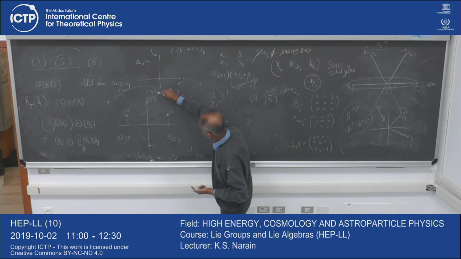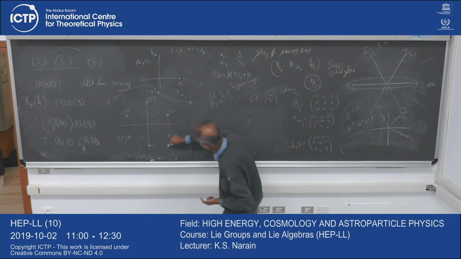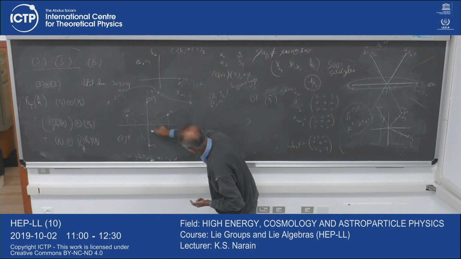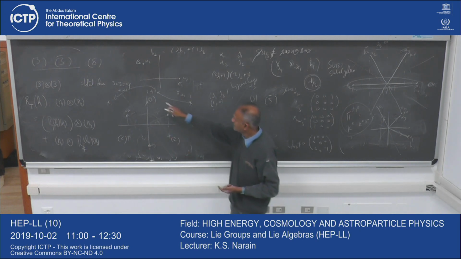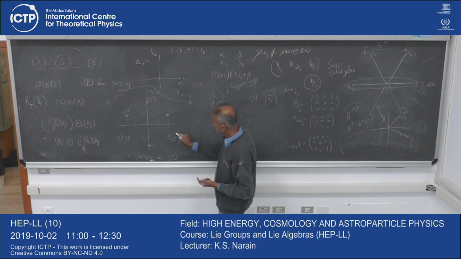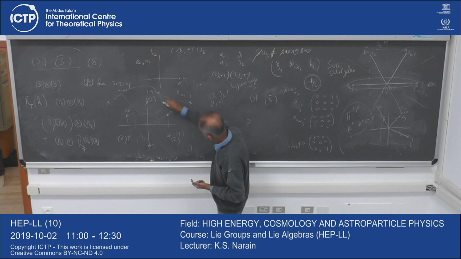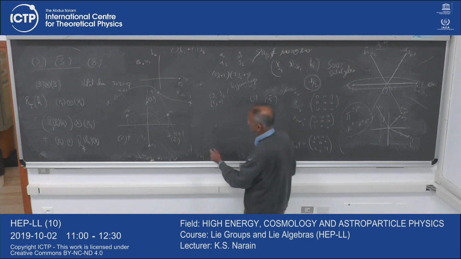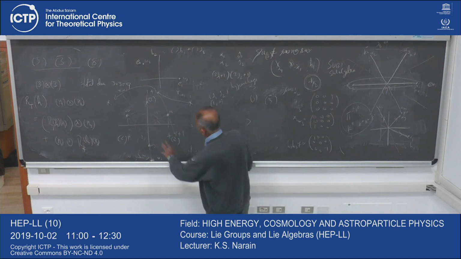Now take this state here and apply x minus alpha 2. So x minus alpha 2 is going backwards this way. I have not drawn it very precisely, but you should end up there. Since I am applying it on this state, which splits into 1 plus 1, x minus alpha 2 takes it to one of those states.